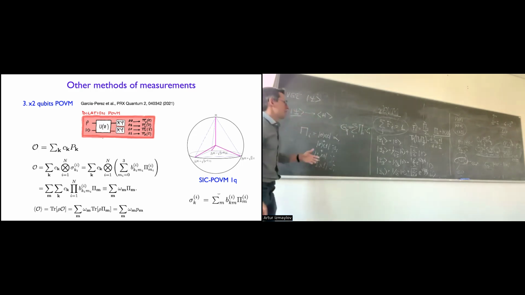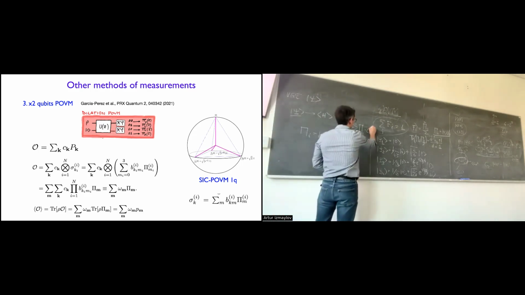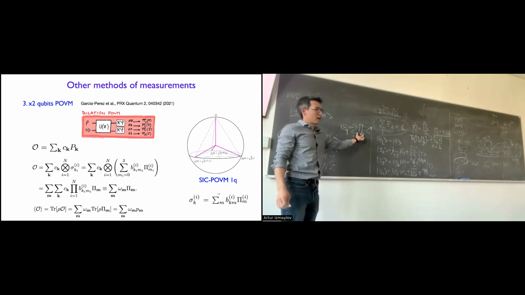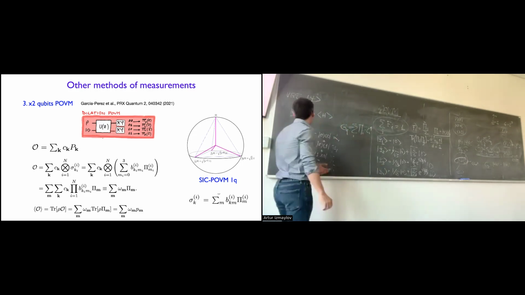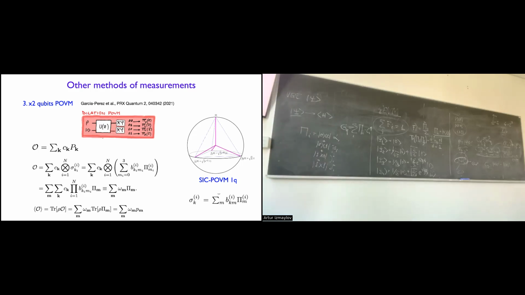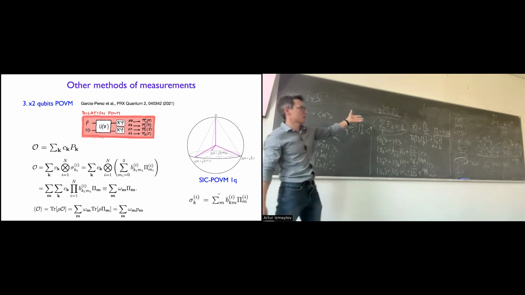How do I find these coefficients? That's the only question, because I know the projectors. If I know these coefficients, then I can reconstruct the form of the operator using these projectors instead of Pauli products, because I know how to measure these projectors using the POVM technique.